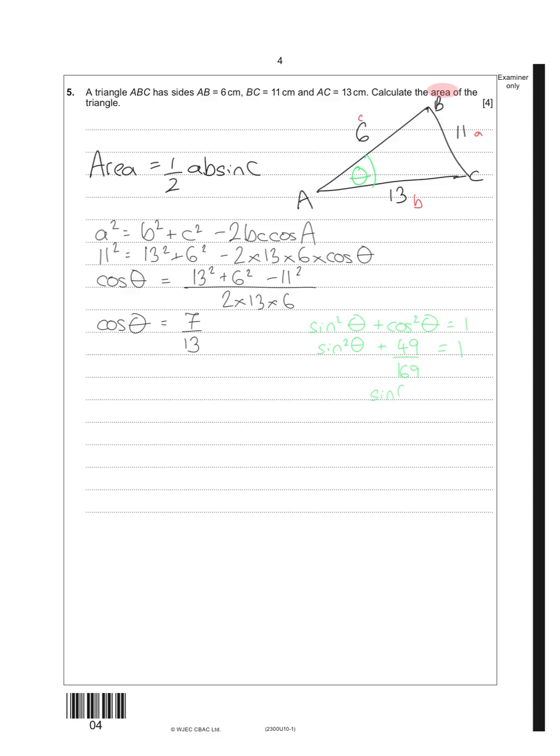So sine theta would be, and because we're going to be dealing with acute angles here, we can ignore the negative, the square root of 1 minus 49 over 169. So the square root of 120 over 169, and then you could sub that back in. And in fact, that is what I'm going to do. So the square root of 120 over 13.